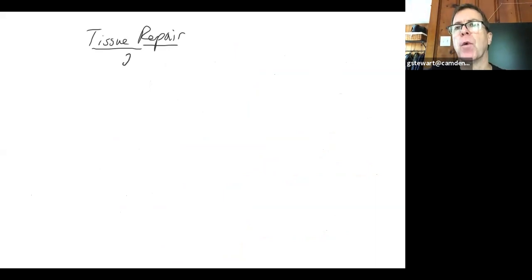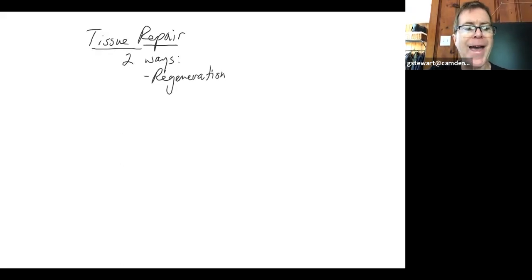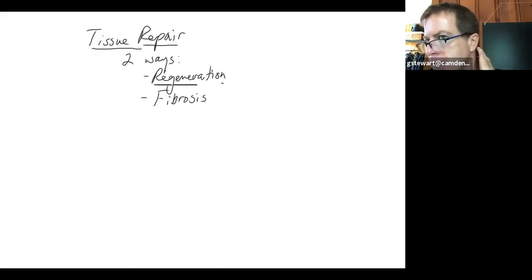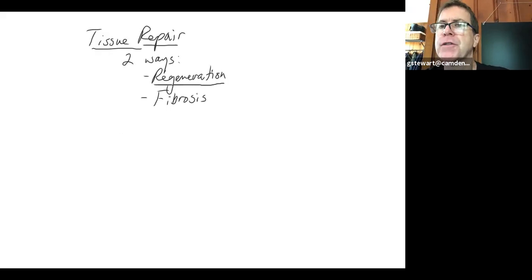There's 2 basic ways that tissue repairs, 2 major ways, and those are called regeneration and/or fibrosis. Regeneration, just think of replacing new original tissue with the same like tissue.